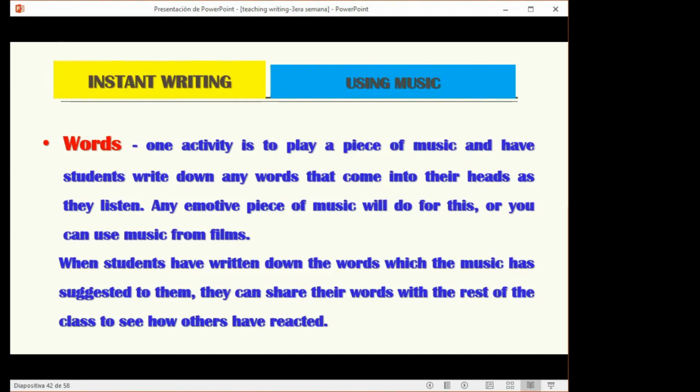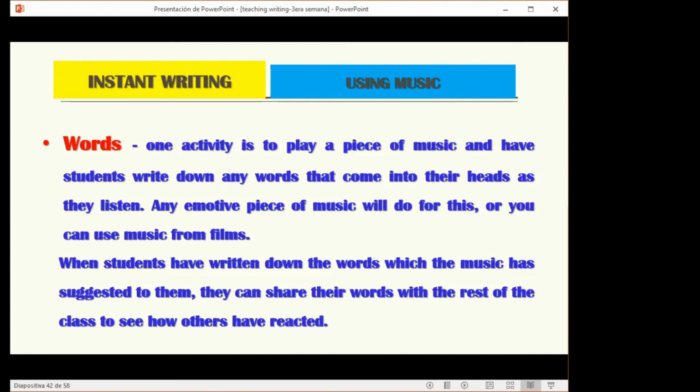Notice they can share their words and expand them, because maybe the first student didn't know what loneliness or unhappiness is. The first student has just a basic vocabulary, sad, blue, depressed, but the other uses prefixes or suffixes, loneliness and unhappiness. So they share their words and they can help each other.